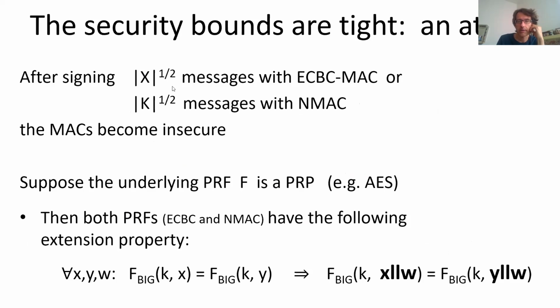There are actually explicit attacks: if the number of queries reaches the square root of the domain size, so 2 to the 64 for AES, 2 to the 32 for DES, or key space in the case of the nested MAC, then there is actually an attack.